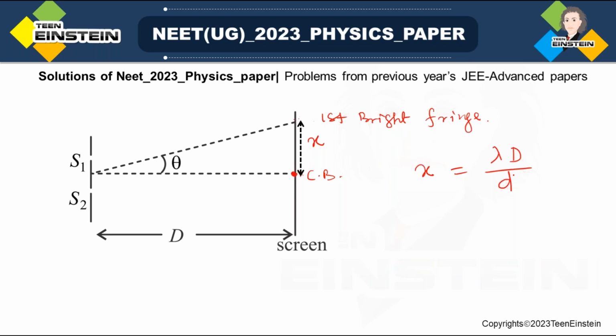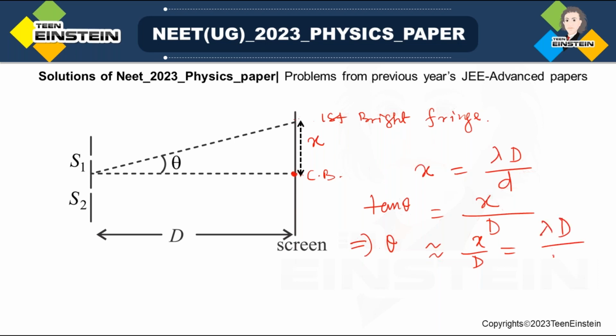So this is xn. Now let us see what theta is. We can write tan theta is equal to perpendicular by base. Perpendicular is x and base is D. If the angle is very, very small, then tan theta can be written as theta, nearly equal to x by D. What is x? x is lambda D divided by small d into n. So capital D cancels, and theta is nearly lambda by small d.